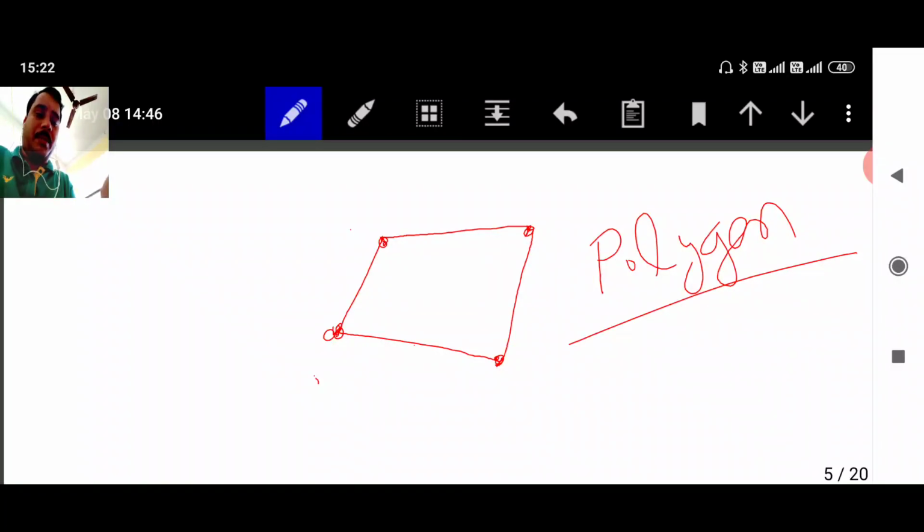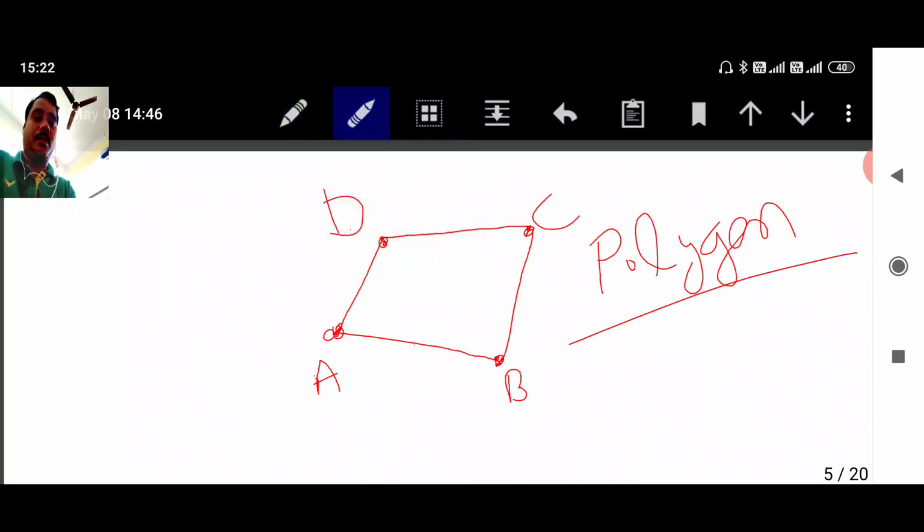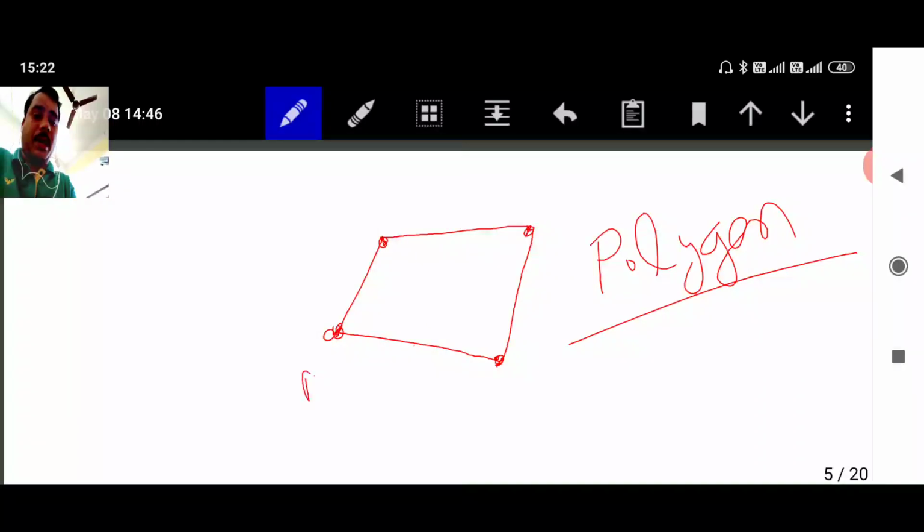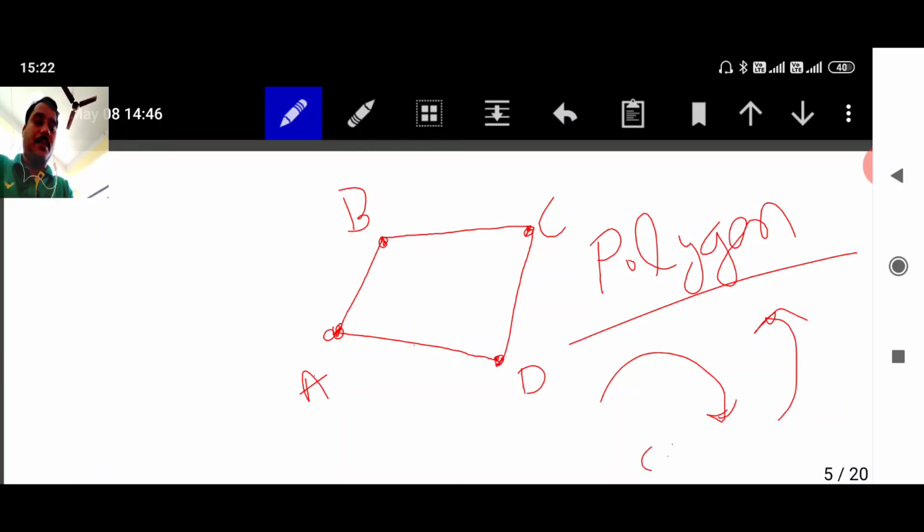If we start from here, A, B, C and D, this is clockwise, and if we start from here, A, B, C and D, this is anti-clockwise.